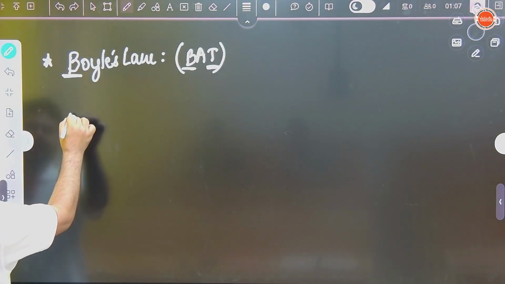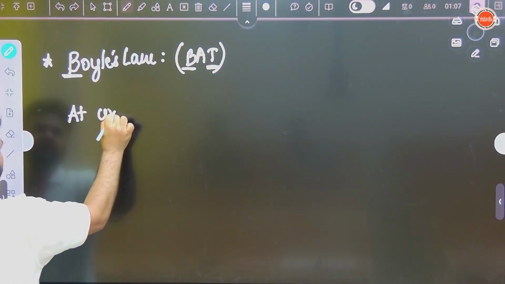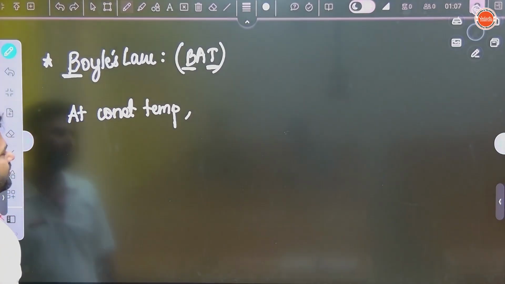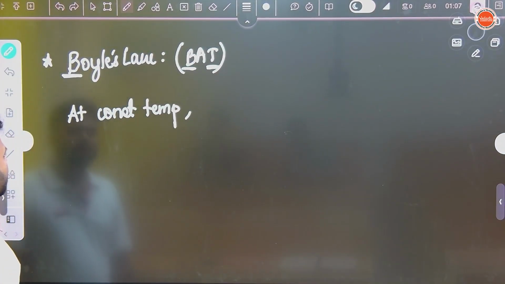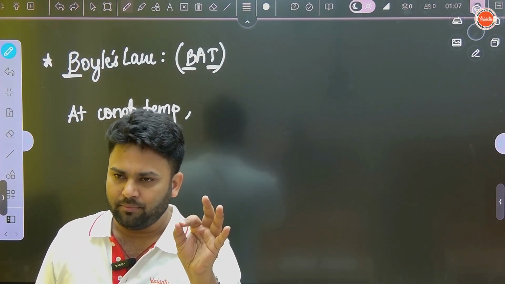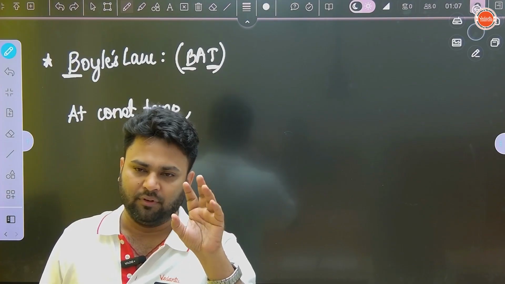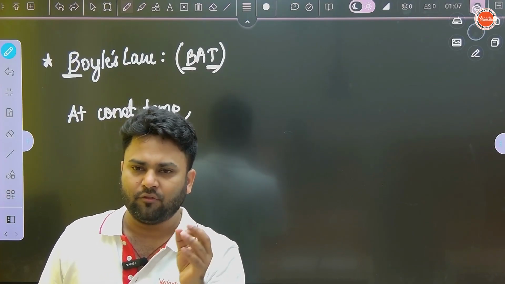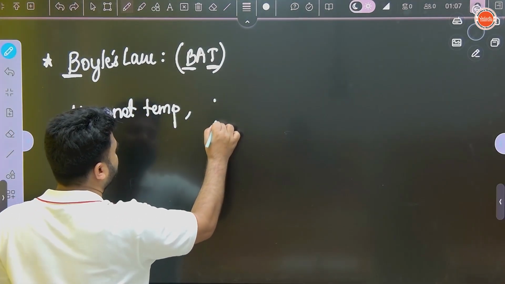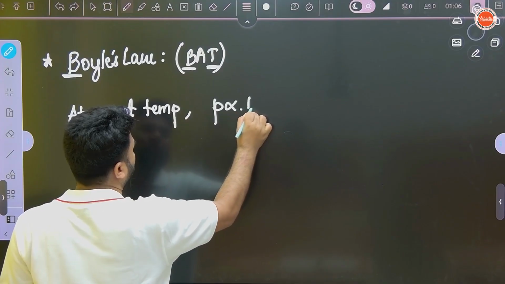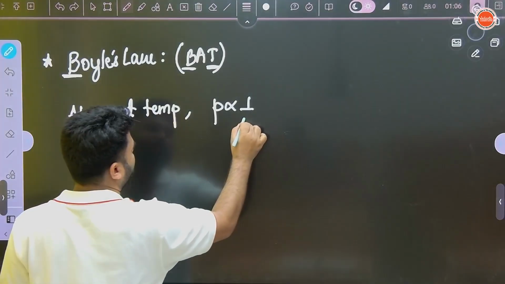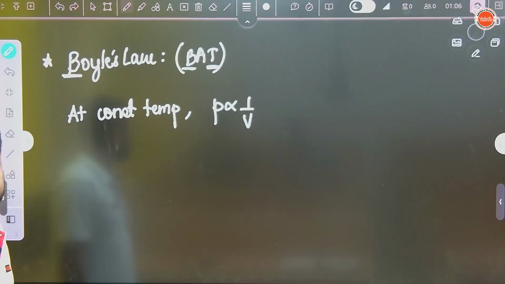What it says: at constant temperature, we have three parameters, pressure, volume, temperature, and we will be discussing the relation between them. If temperature is constant, the pressure of the gas is inversely proportional to volume.